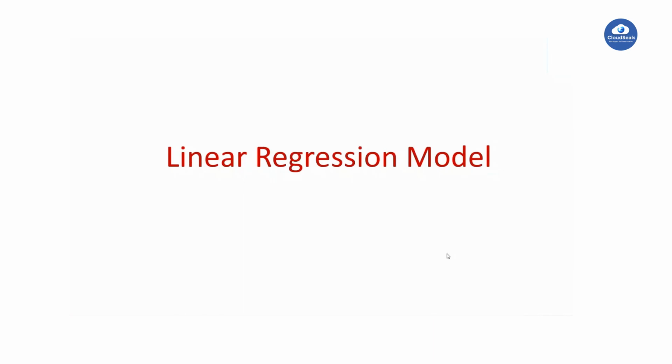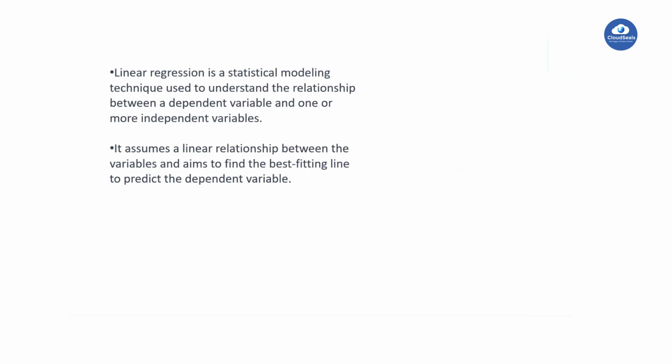Linear regression mostly describes the relationship between the independent variable and the dependent variable. If we want to build a linear regression model, it assumes there is some relationship between the independent variable and the dependent variable.